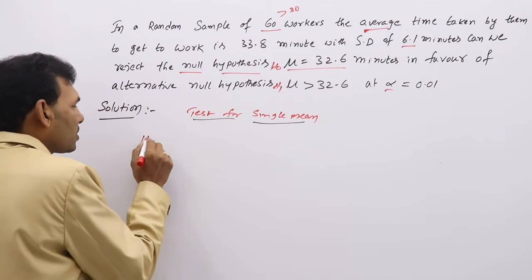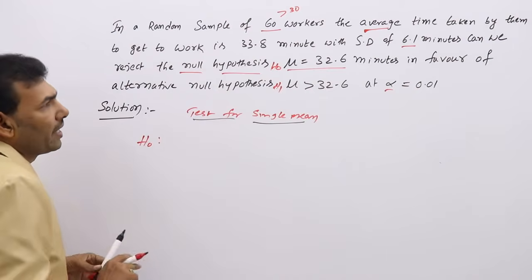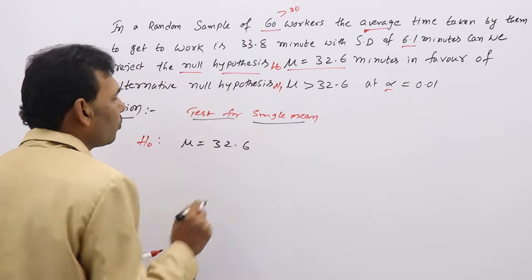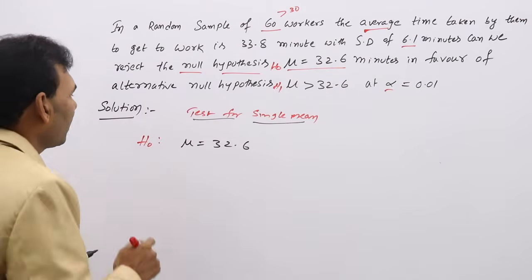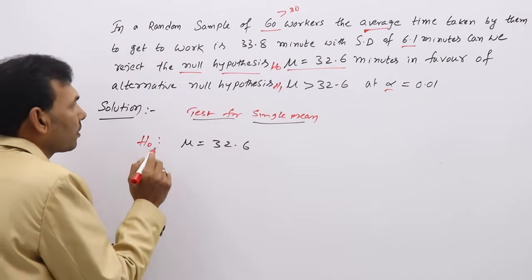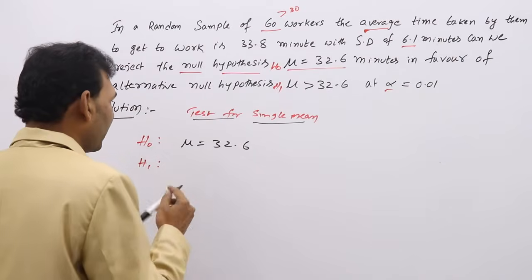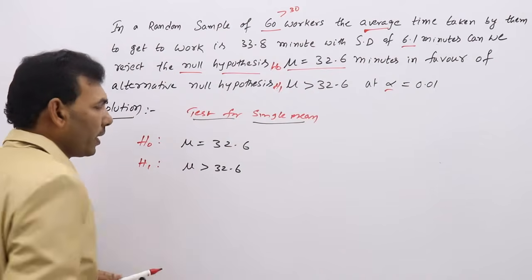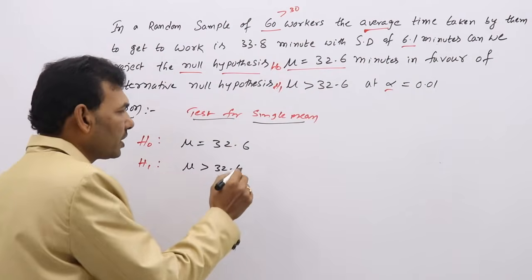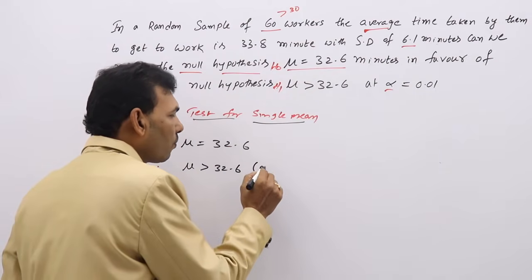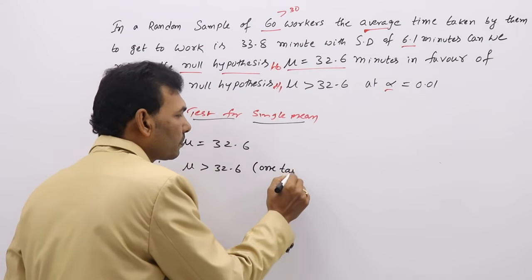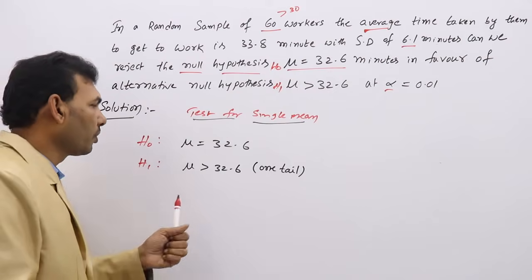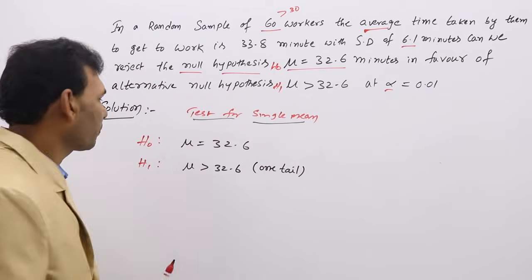So now first write H0, which is given very clearly: mu equal to 32.6. Next H1: mu greater than 32.6, which is a one tail test.